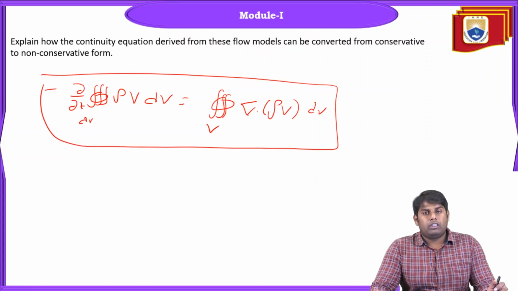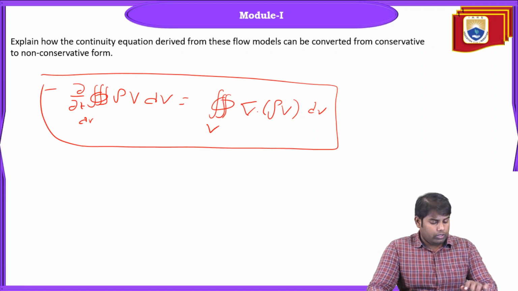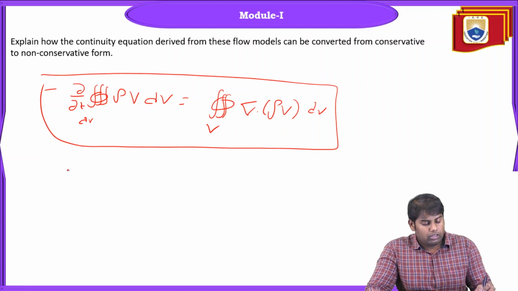So at the end, when you rearrange the equation, we have the common term, the volume integral.